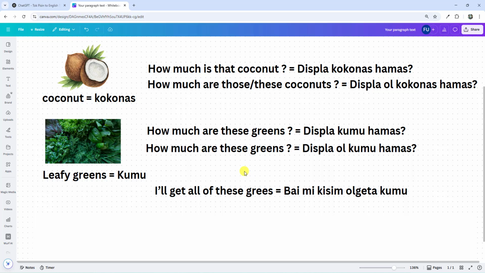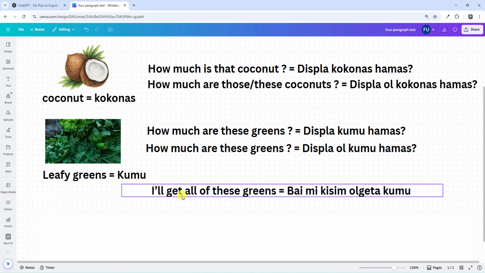And if you want to tell the lady or the guy that's selling the greens that you're going to get these greens, like I'll get all of these greens, you might tell them, bai mi kisim olgeta Kumu. Bai is in the future, bai is always in the future.